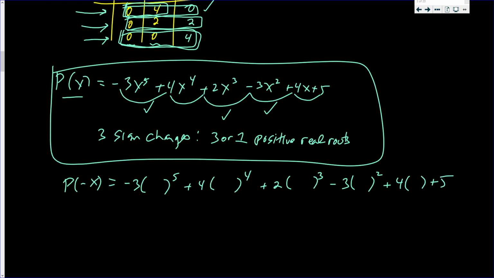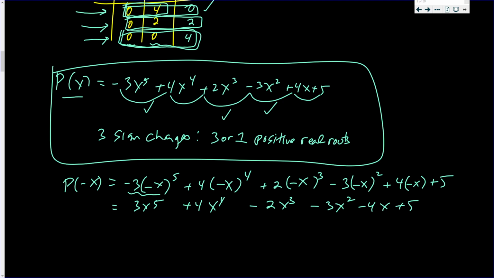So P of negative x will become 3x to the 5th plus 4x to the 4th minus 2x cubed minus 3x squared minus 4x plus 5.